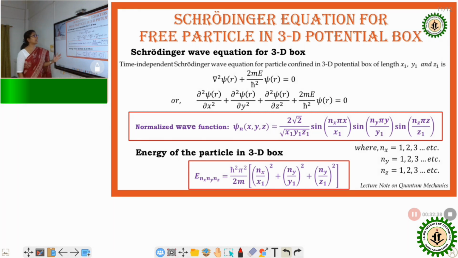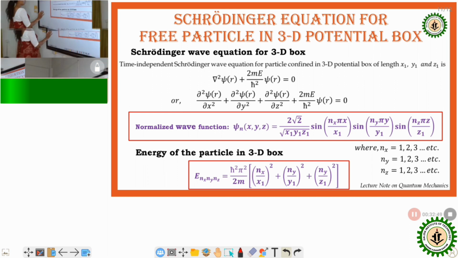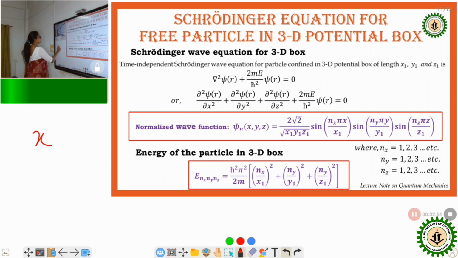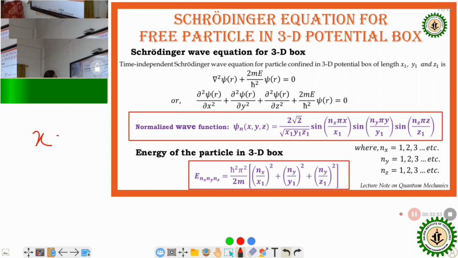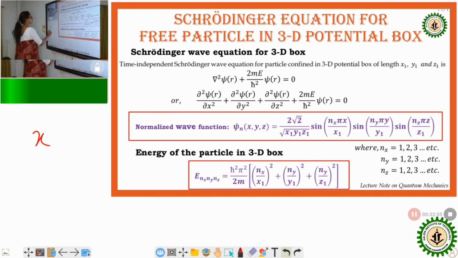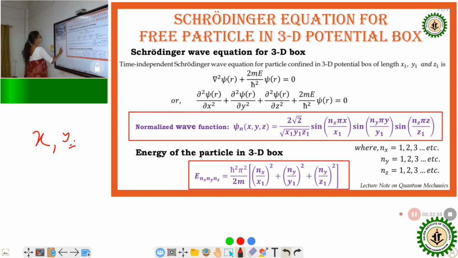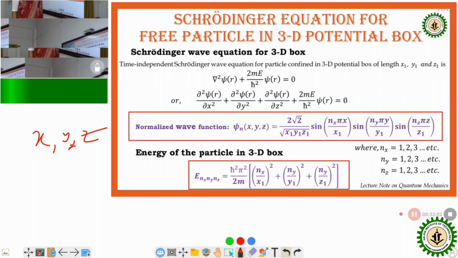Similarly, I have used nabla square psi of r. Here r means the x, y, and z coordinate system, that is x, comma y, comma z. Nabla square, you know that is nabla.